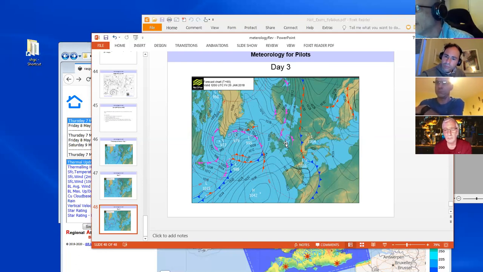So if you took that wind direction, add on another 30 degrees, it's probably going to be sort of northwesterly almost. So the isobars are running this way, so the wind would be running roughly about that way at ground level.